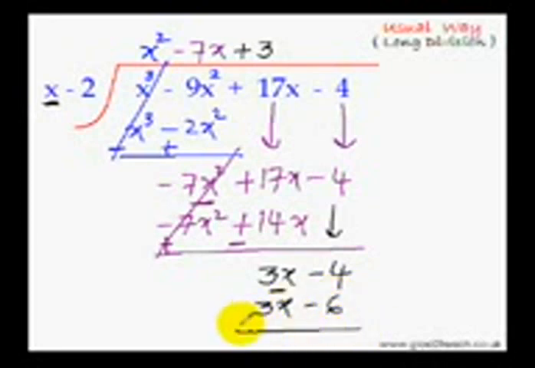This is plus 3x, so it will become minus 3x. This is minus 6, it will become plus 6. These terms cancel out. This is minus 4 plus 6, which is plus 2. And finally we have solved this question. So whatever is left here will be the remainder.